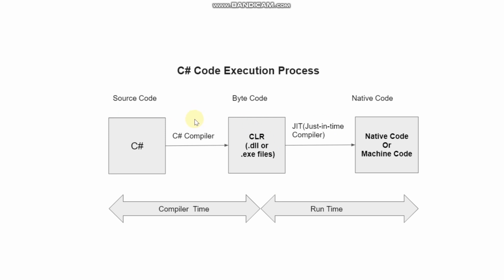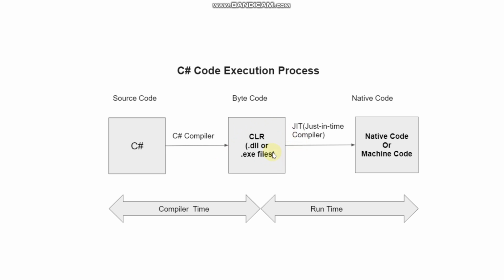C# code execution process. As we see on the screen, the code execution process is divided into two parts: conversion of source code to bytecode, and the bytecode to native code. When the source code or C# code is compiled by the C# compiler, it is converted into bytecode, that is a .dll or .exe file.